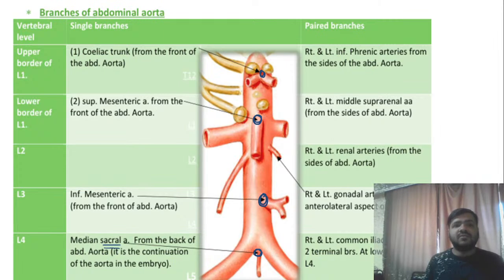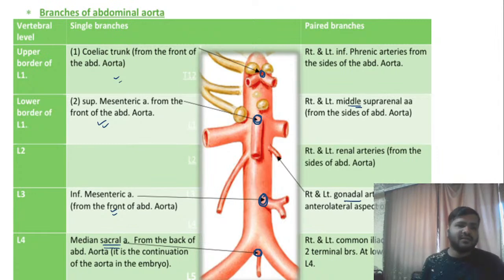So you can see these are all branches from the front of the abdominal aorta, right? And we already know the right and the left gonadal arteries that I have already discussed. Phrenic arteries. The middle suprarenal arteries are direct from the aorta, but the superior suprarenal is coming from the inferior phrenic artery, and the inferior suprarenal is coming from the renal artery, right?